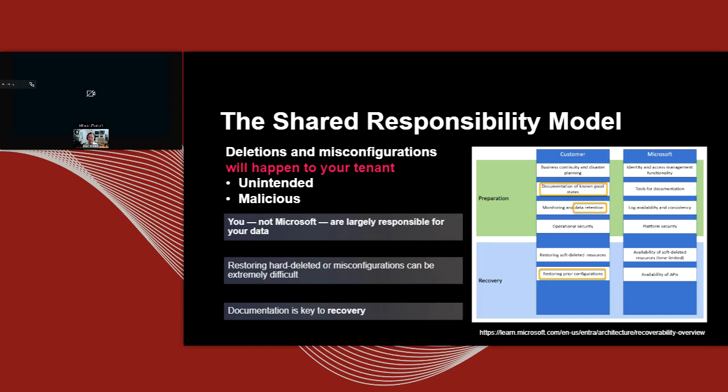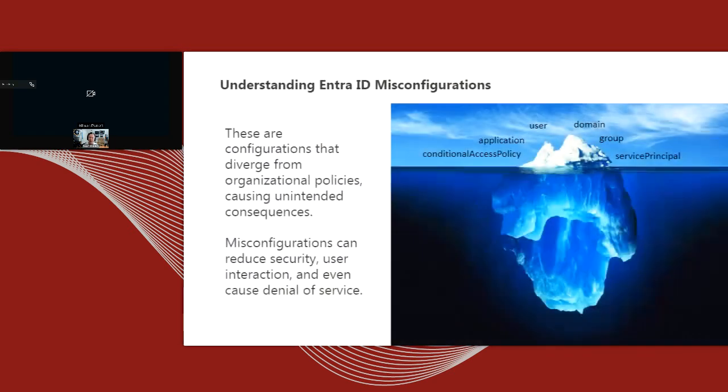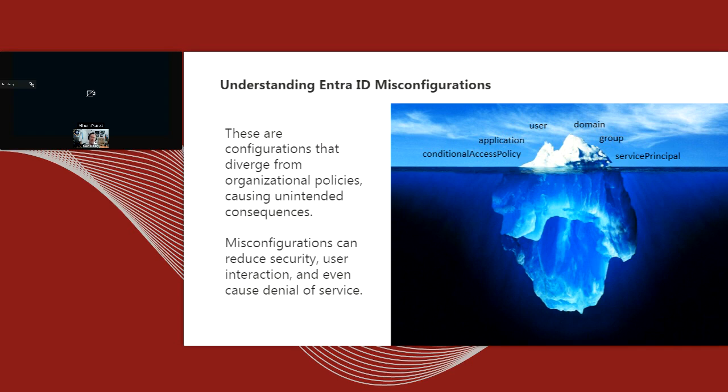For a limited number of objects, there's what is called a soft delete, which makes it good for about 30 days for users, groups, Office 365 groups only, applications, and security principals. Everything else is hard deleted. So what you see in Entra is what most of us see on the surface. They see users and groups and applications and conditional access policies, some of these principles.